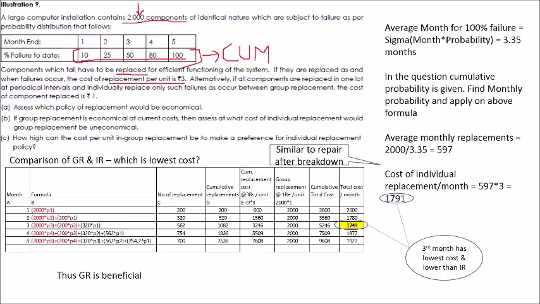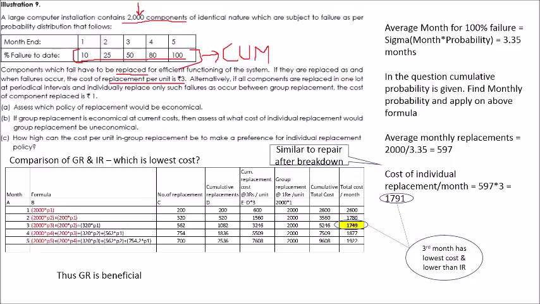If you can see the similarity, whenever there is a breakdown, I repair it. Similarly, whenever there is a failure, I replace that component. Out of 2,000 components, while running in the first month, second month, some components will fail, and on failure I replace that component.